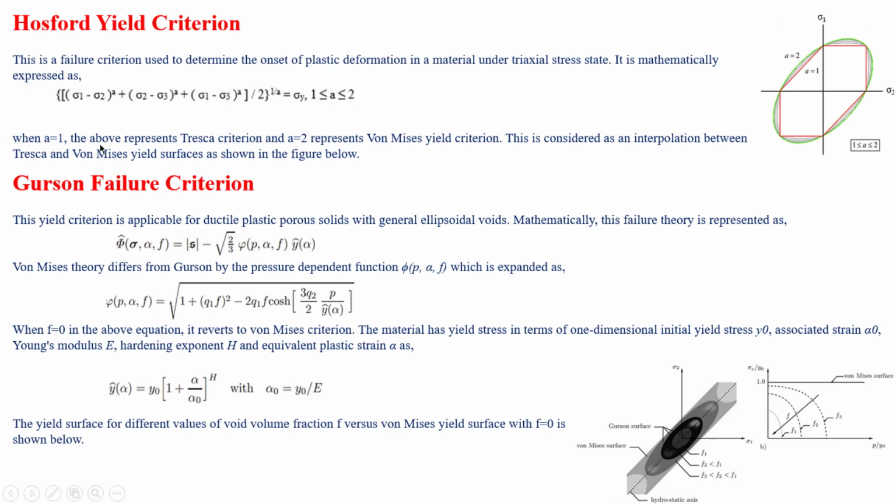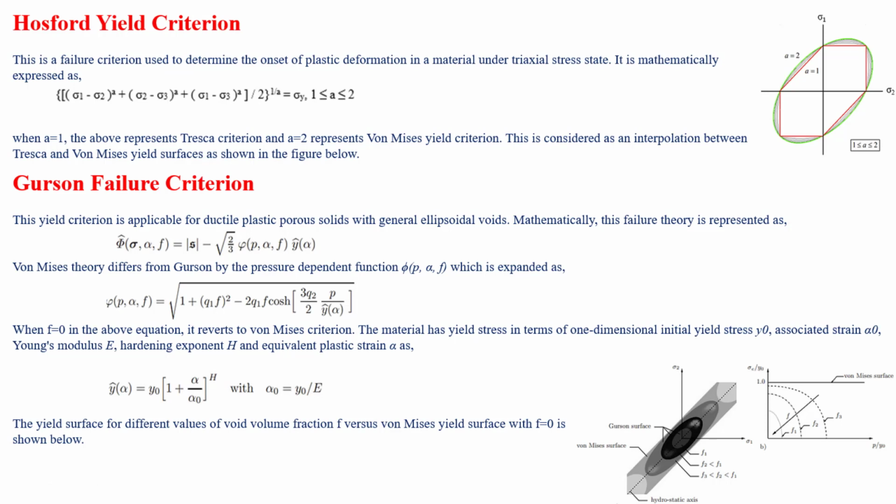When it comes to 1, it will be a stress criterion, and when it comes to 2, it is the von Mises yield criteria. So we can consider the Hosford yield criteria for all kinds of analysis when it comes to plastic deformation, even the static analysis and all. So by default you can select the von Mises criteria, or else in advanced analysis you can select the Hosford yield criteria.